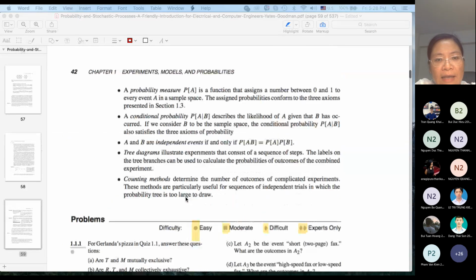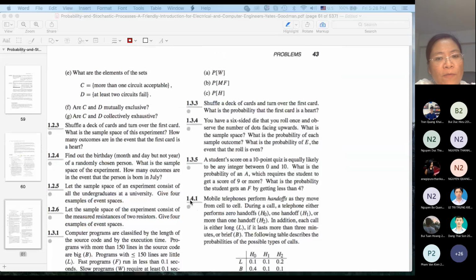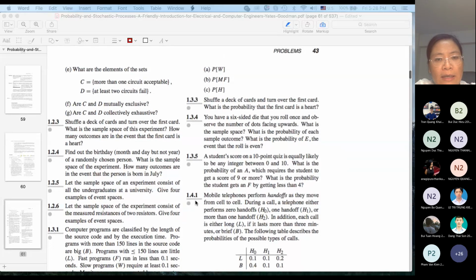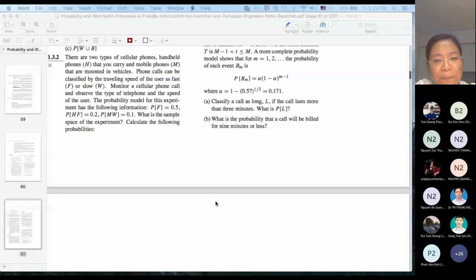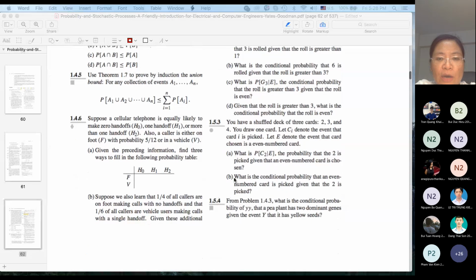Okay, now the exercises. 1.4.1 is an additional consequence of the axioms. And 4.5 is conditional probability, which includes the law of total probability and Bayes theorem.